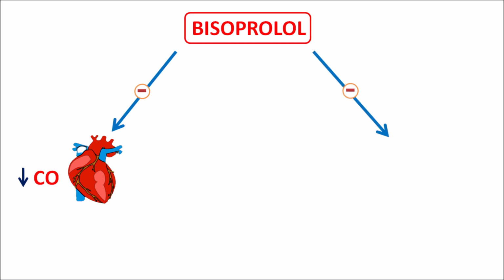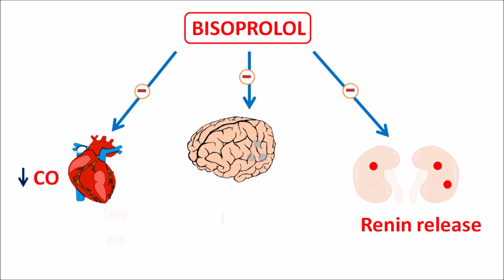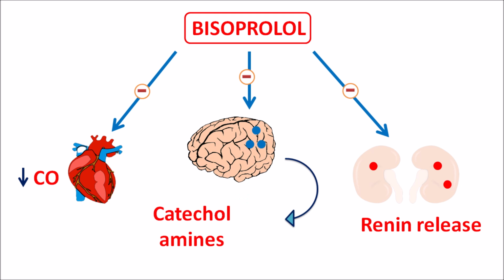And this drug can also block the renal system such that the renin release is somewhat inhibited, which reduces the activation of the renin-angiotensin system. And finally, this drug can also act centrally to reduce the release of catecholamines. So central sympathetic discharge is somewhat inhibited by bisoprolol.